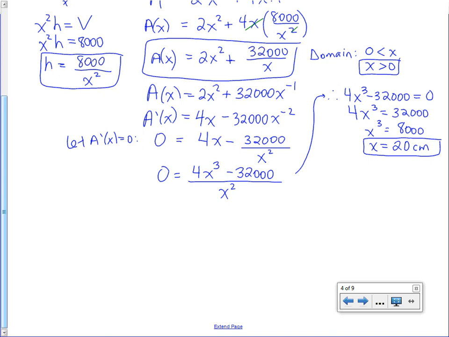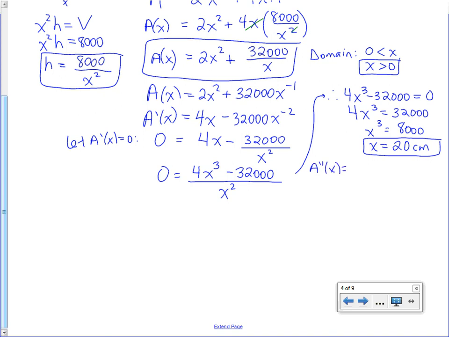I'm going to go with option 2 this time. Instead of going to an increasing, decreasing chart, which you could totally do, I'm going to go to the second derivative test. So go back to your A prime of x. Can we find A double prime of x? What would A double prime of x be?